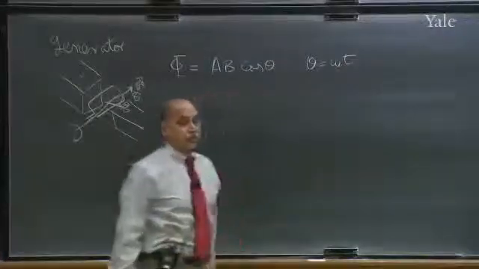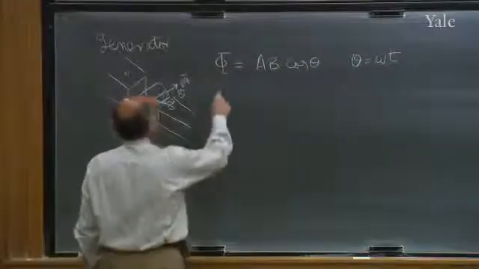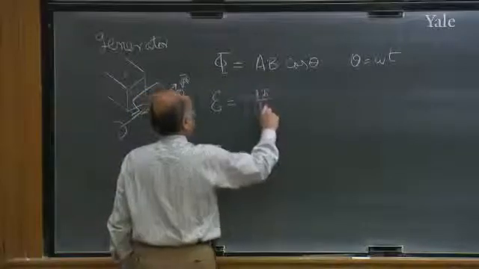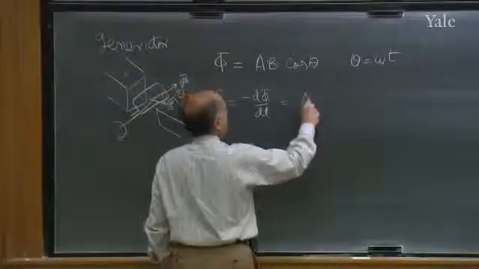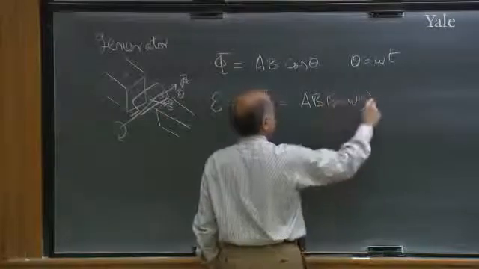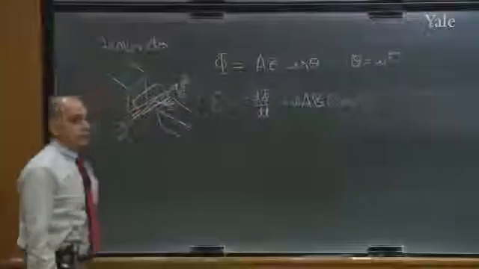So theta is omega t. Then you can see that the EMF, which is minus d phi/dt, is equal to A B sine omega t times another omega. That's the EMF.